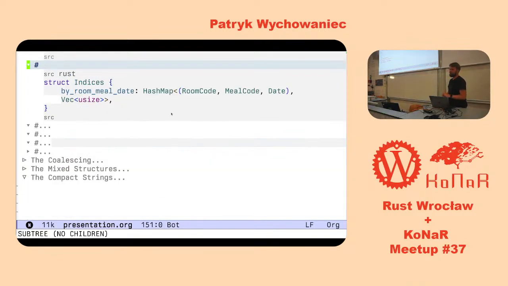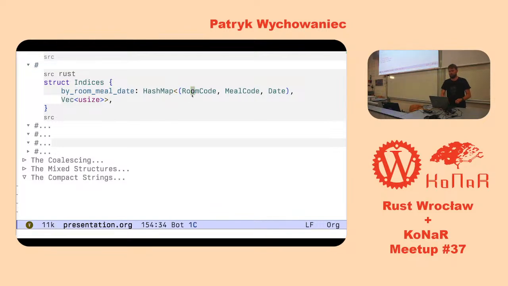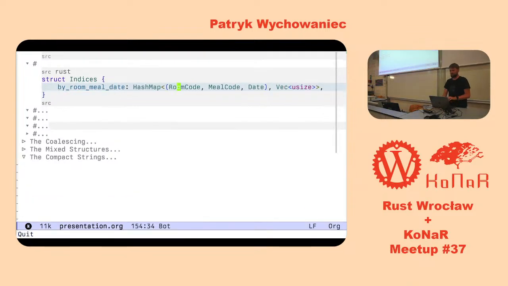the actual code uses a bit more complex index. You can imagine that the actual code does something like, instead of indexing just by date, it indexes by the room code, meal code, and date. So the more fields you've got, the more we can narrow it down. And then, maybe a bit more readable this way, we map from this key to the list of prices that match this key.